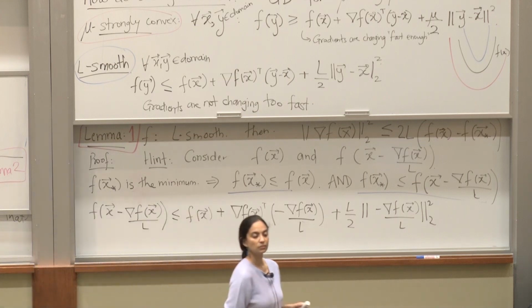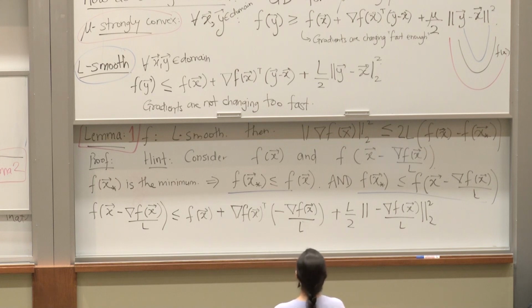Yes? Should it be minus gradient on the left-hand side? No, it should not be, because instead of y minus x, I have x minus x star here.